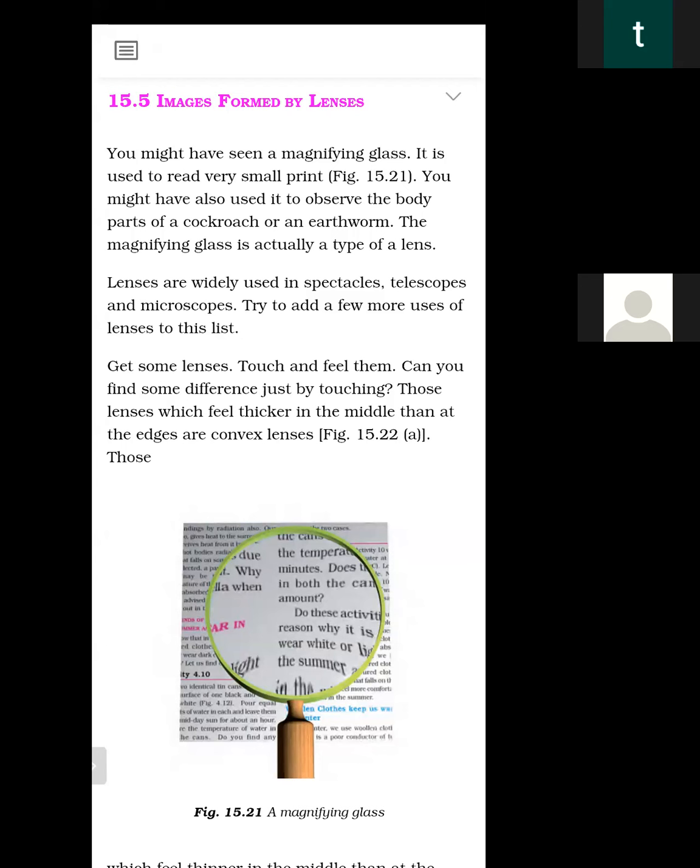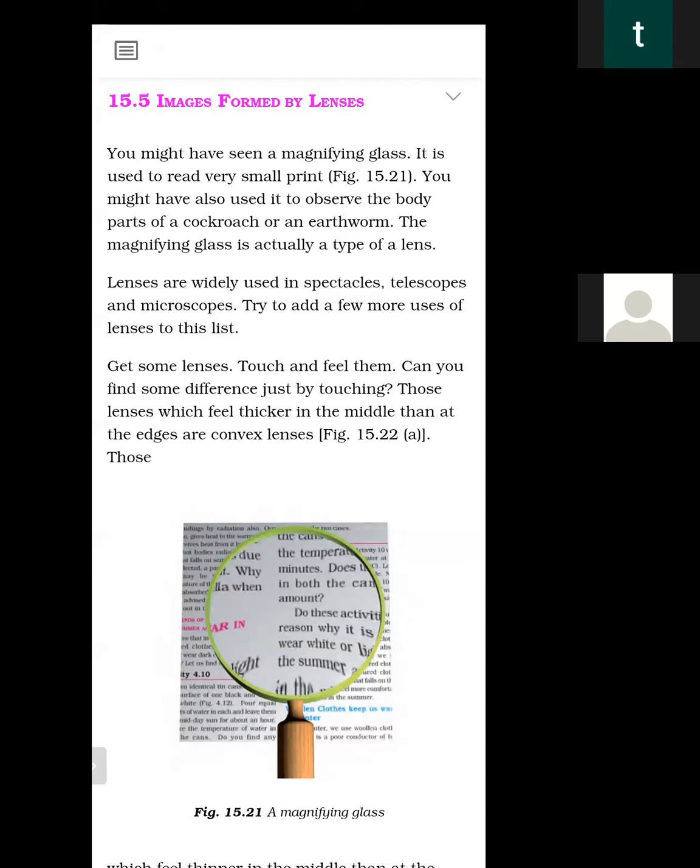But what about a mirror? A mirror is a reflecting surface which reflects the light. But in the case of a lens, light can pass through the material of the lens, whether it is glass or plastic. So get some lenses, touch and feel them. Can you find some difference just by touching?